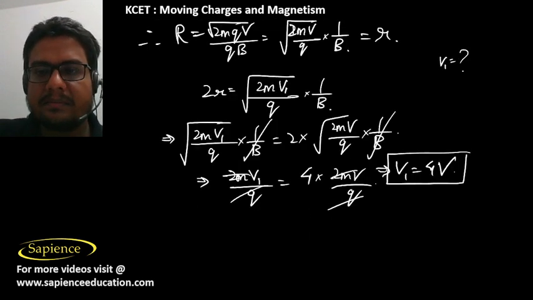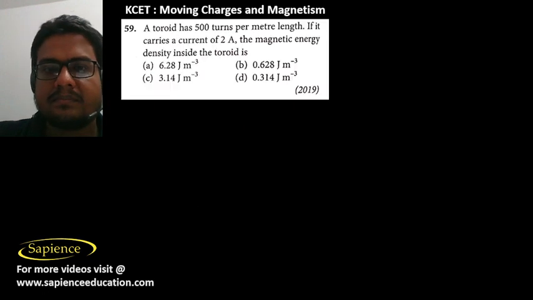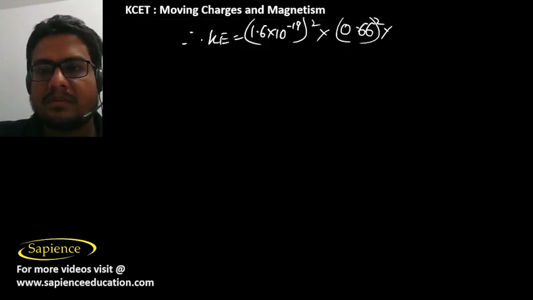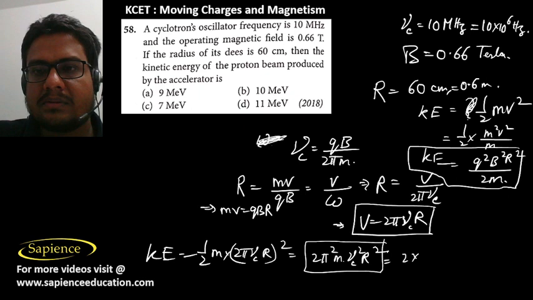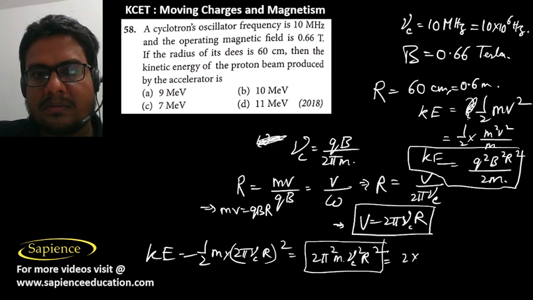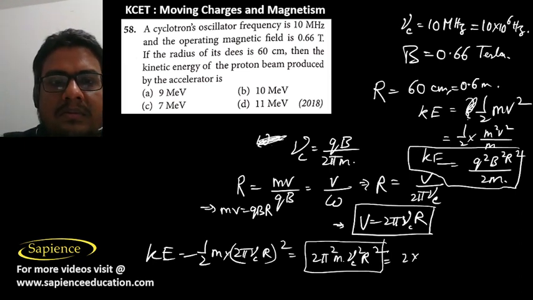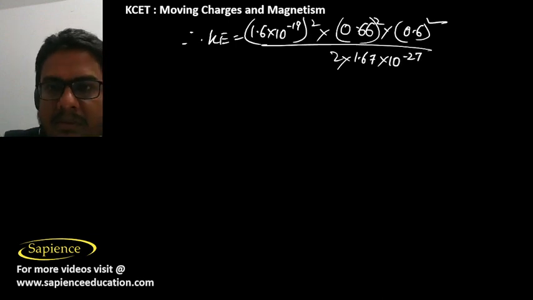R is 0.6 meter, so 0.6 whole square, divided by 2m. Mass is 1.667 into 10 power minus 27.